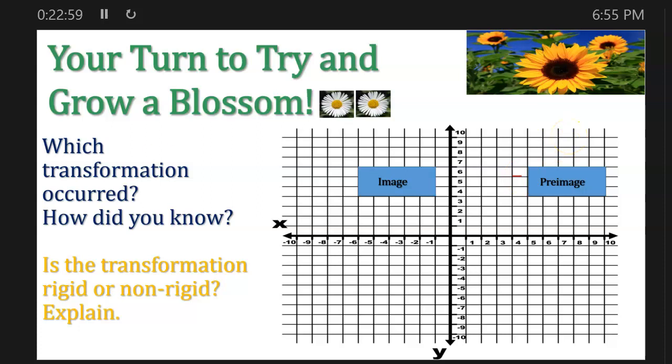Oops. My mouse has stopped working for some reason. There we go. In that direction, trying to put an arrow there, from the pre-image to the image. Is the transformation rigid or non-rigid? Well, it is a rigid transformation because the size did not change. It is a congruent shape.